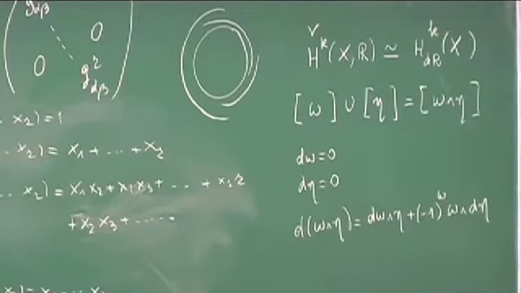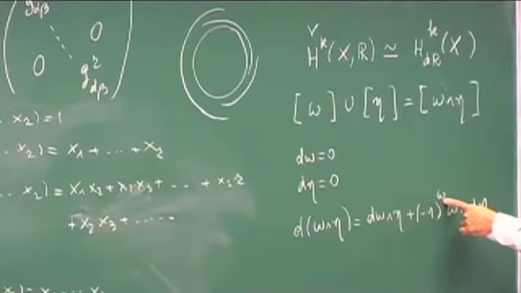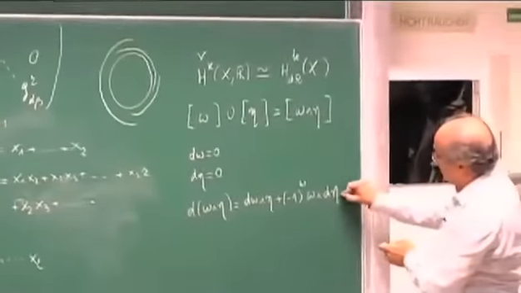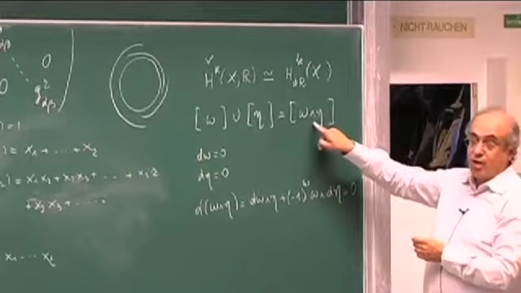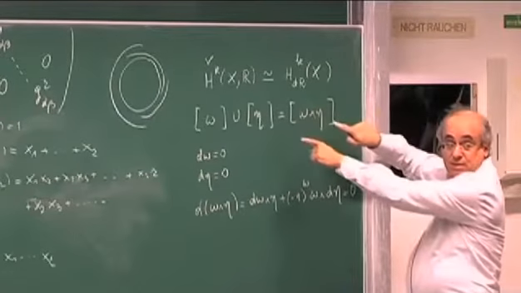You have a Leibniz rule for the exterior differential with a sign given by the degree of omega. But in our case, d omega is 0, d eta is 0, and so d of the wedge product will be 0. So this is a closed form. It makes sense to take the cohomology class.